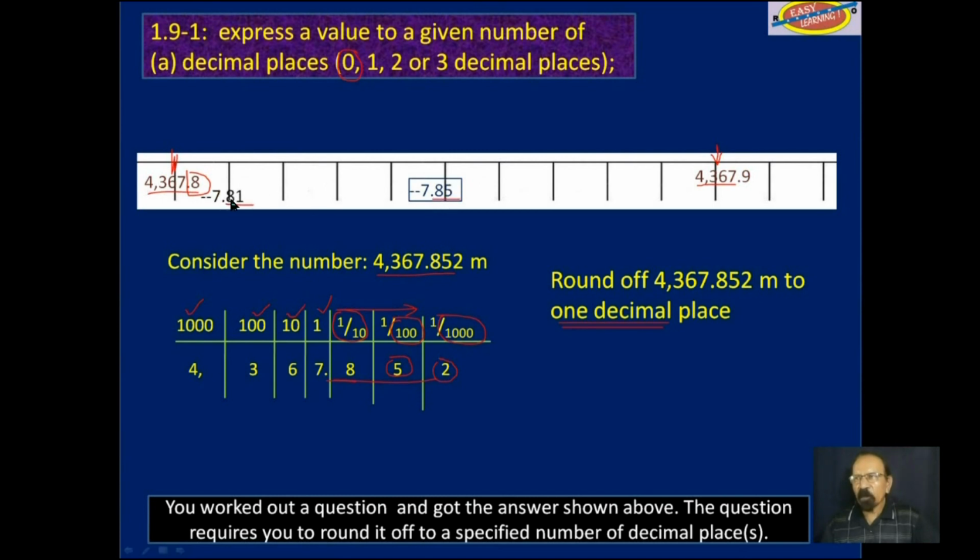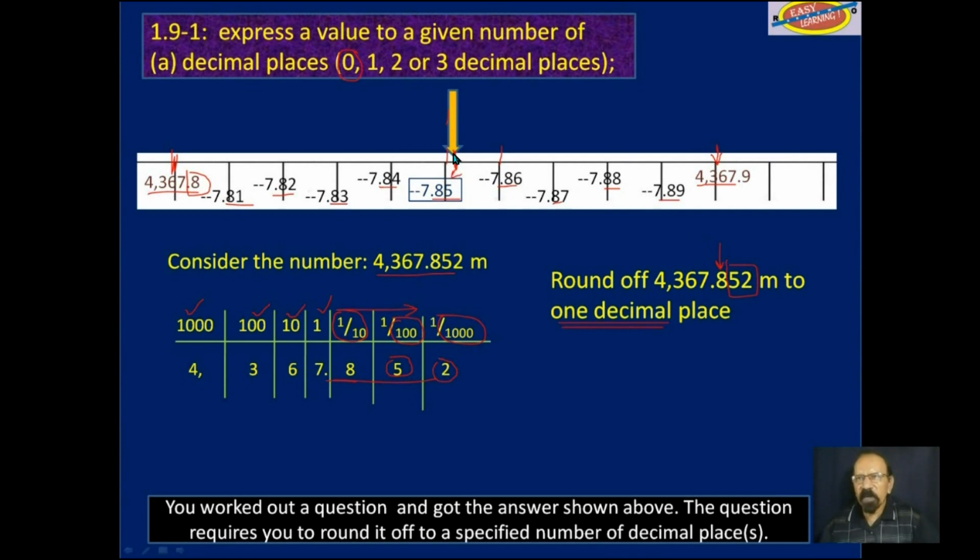This here will be 0.81, 0.82 at the mark, 0.83, 0.84, 0.85 there, 0.86, 0.87, 0.88, 0.89. So where are we rounding off? We are rounding off at this 8. So let us consider the next 2 digits on the right of 8. It is 5, 2. So that will be somewhere between this 0.85 and this 0.86. So we will put it here.